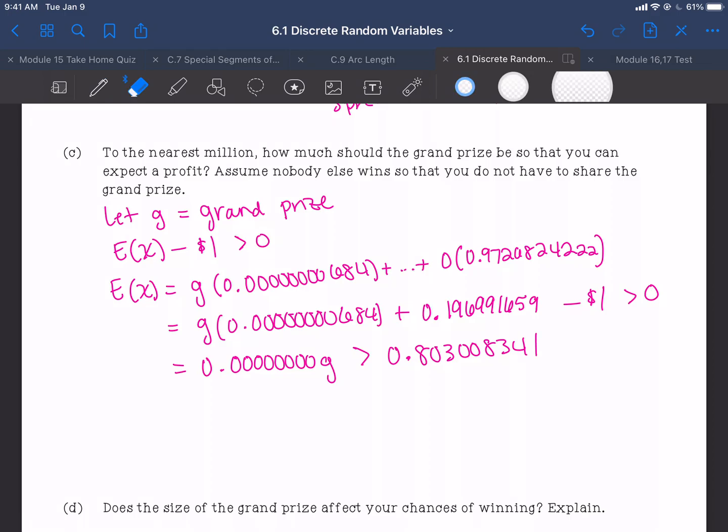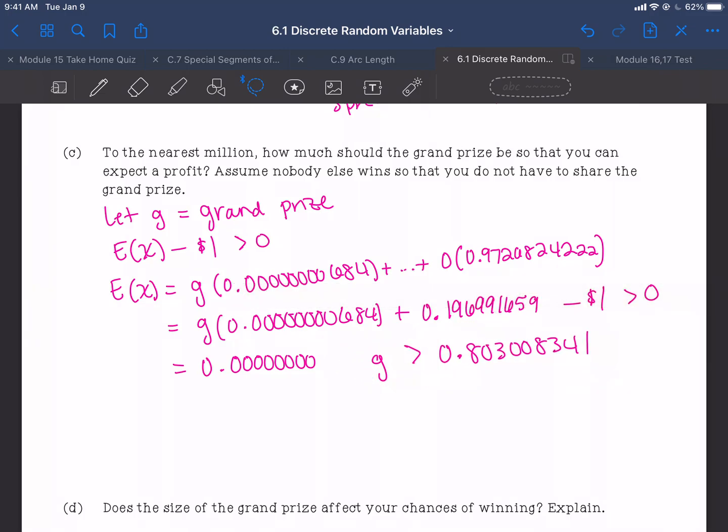Let's see. Divide both sides by that probability there. So you would need G to be greater than $117,398,880.30.